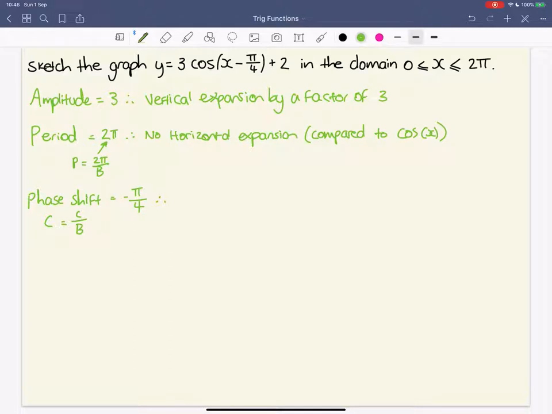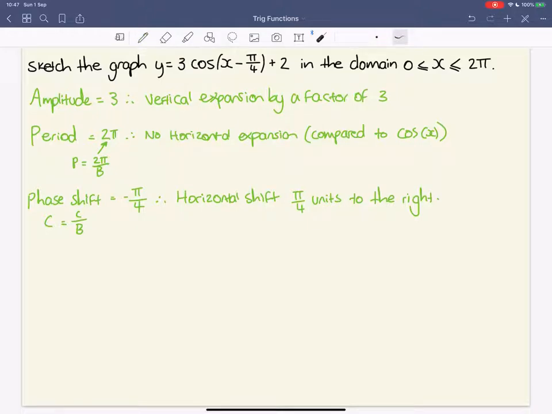Again, it's horizontal shift. But where's it going? Just like in other functions, because it's negative, it will go to the right. So we'll have a horizontal shift of pi on 4 units, and the negative sign indicates it's going to the right. All right, that's our phase shift.